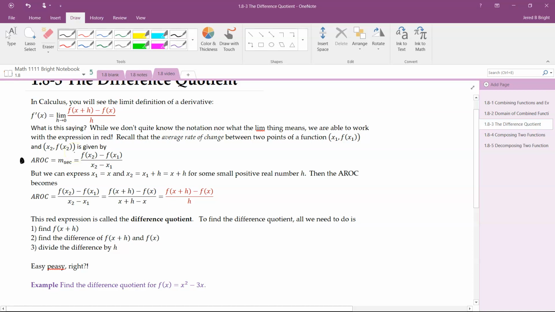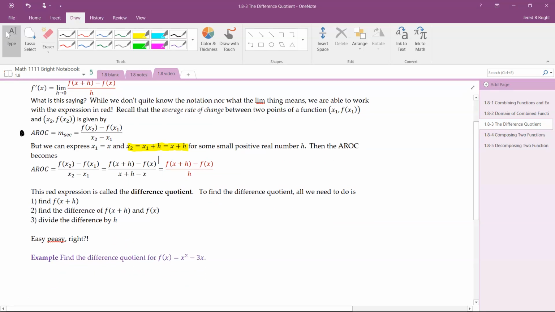Now the only thing that changes is that this x2 is now x plus h. So if the first one was just x, we step away from that positively or negatively a little teeny tiny bit. That's the h part. And if we move x a little bit, then we have to figure out what y is. If you go through the math with that substitution, you get that expression in red.